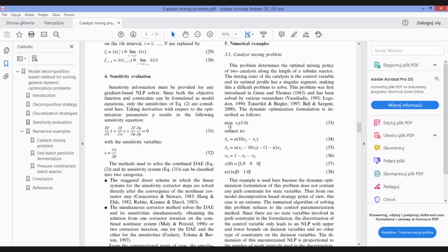Okay? We need to maximize the value of x3 at point 1.0. And to maximize this value, we can use u.